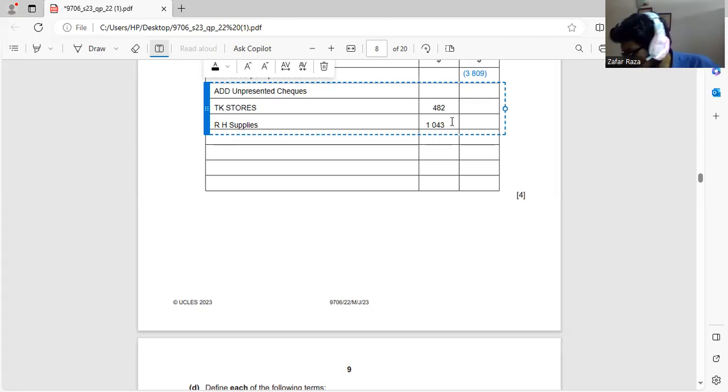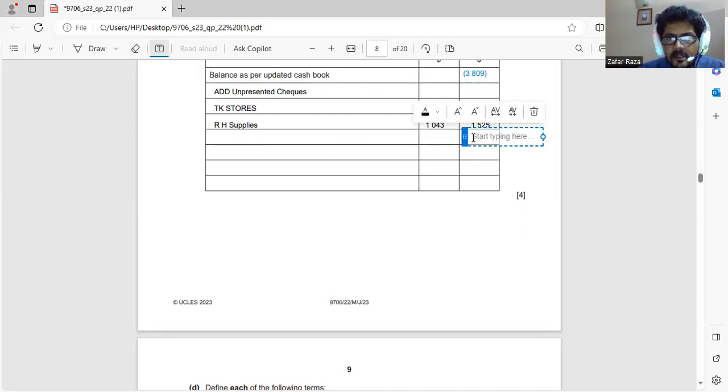The total amount would be 482 plus 1043. That is 1525. Okay. Here we'll get the total. Minus 3809, so 2284, sorry, in the bracket, 2284. Okay.